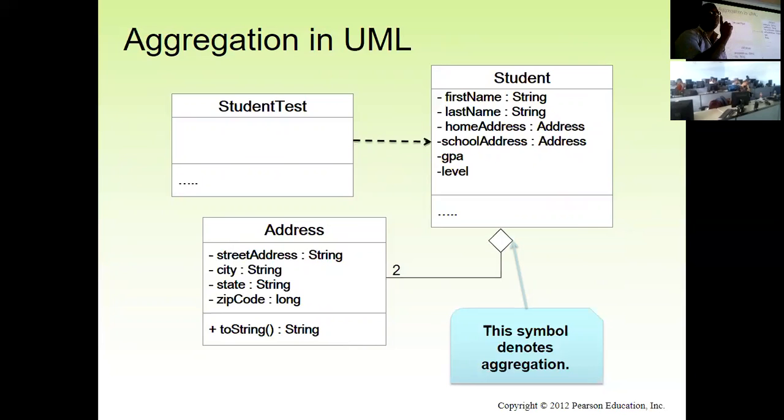Now, notice we have a two on the line. Like I showed you in the earlier picture, where you could have one or any number, and you could have a star and a dot, and so on. In this case, what we're essentially saying in this diagram is that a student has two addresses. So the two addresses are a part of the student. And of course, we still write the attributes in here, and put the type. Everybody happy?